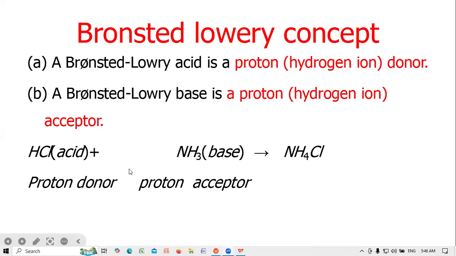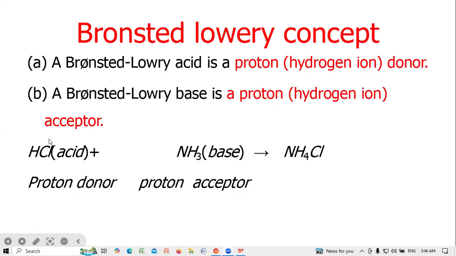Bronsted-Lowry concept: an acid is a proton (hydrogen ion) donor, and a base is a proton (hydrogen ion) acceptor.